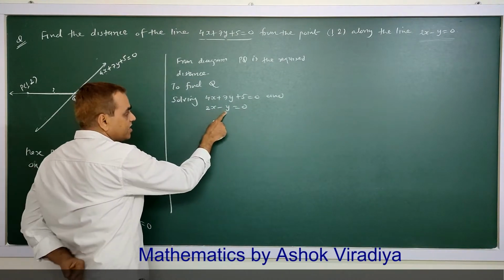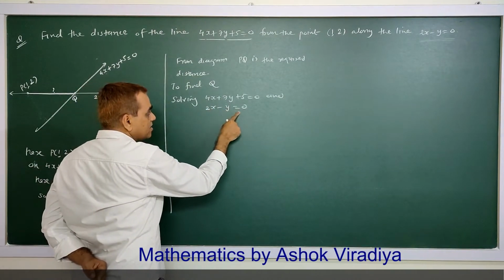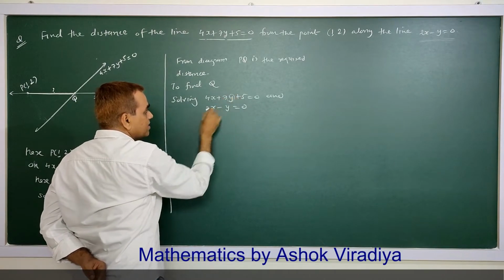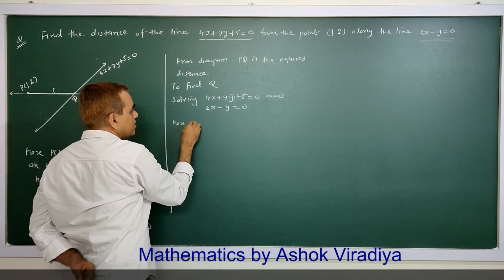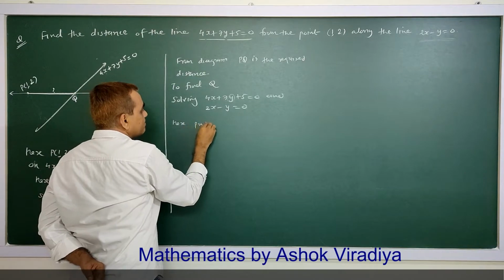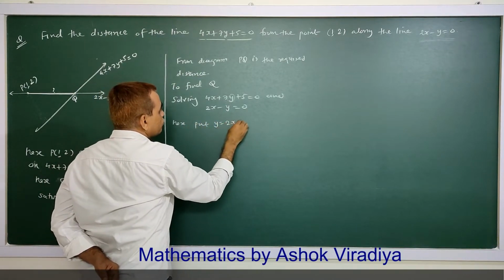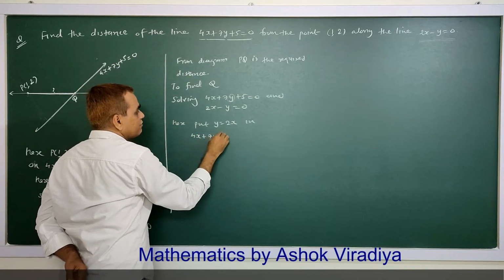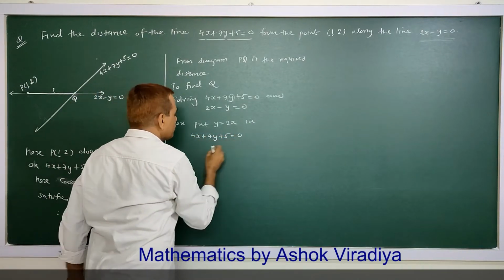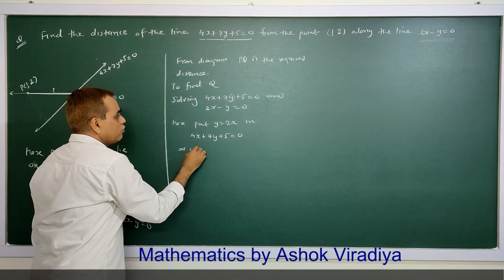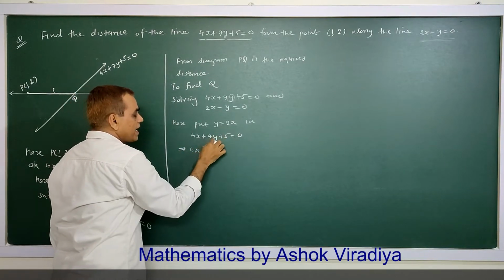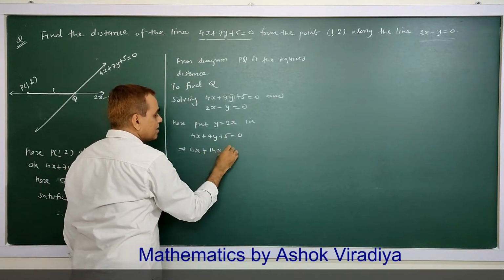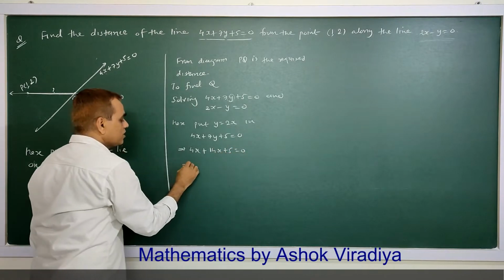It is clear that y is 2x. So putting y equal to 2x in 4x plus 7y plus 5 equal to 0, 4x plus 7 into 2x, 14x, plus 5 equal to 0.